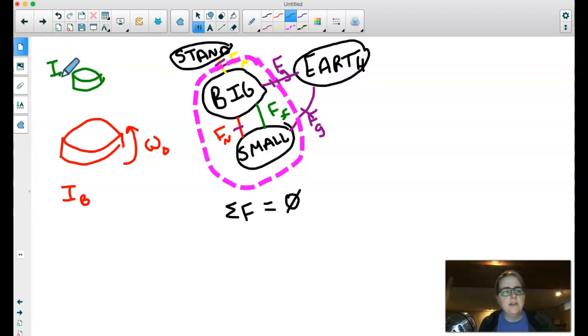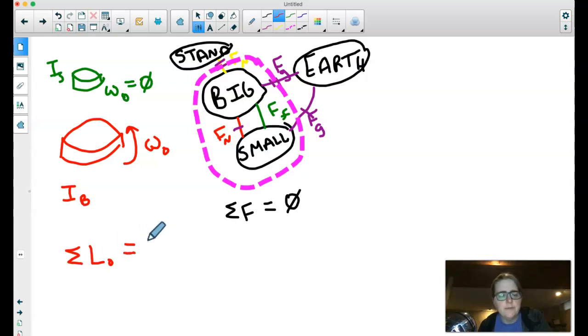Initially, that smaller disk is not rotating. So I have omega naught for the small disk equals 0. So if I were to find the total angular momentum of my system before, that really just equals the rotational inertia of the big disk times the initial velocity.